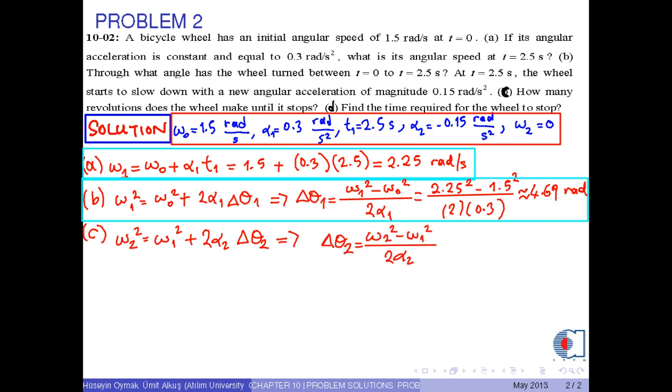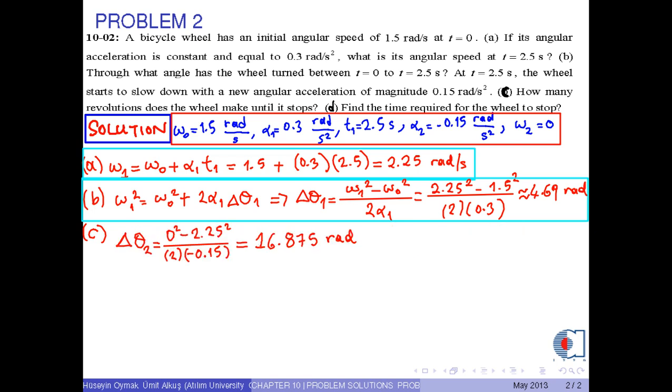From this formula, we can get an expression for delta theta 2 as omega 2 squared minus omega 1 squared over 2 times alpha 2. Now, put the numerical values into this equation as 0 squared minus 2.25 radians per second squared divided by 2 times minus 0.15 radians per second squared.